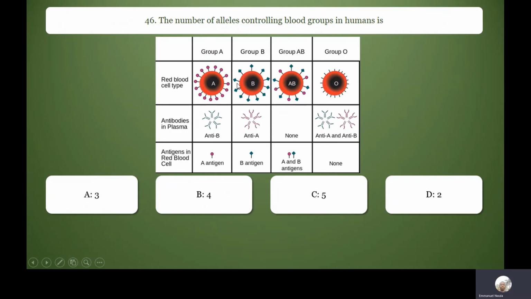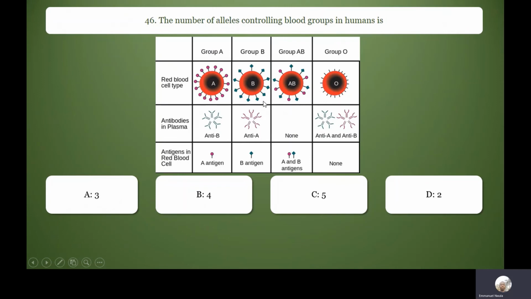We have blood group A, B, AB, and O. Sorry, the question is the number of alleles controlling blood groups in humans, not the number of blood groups.